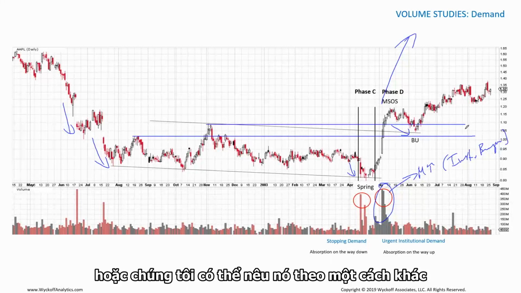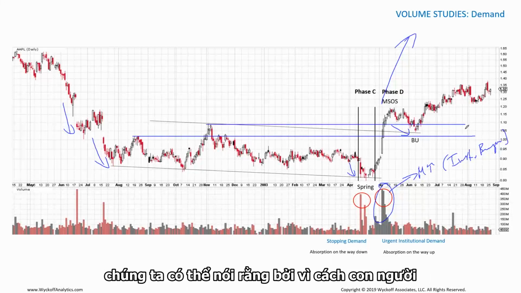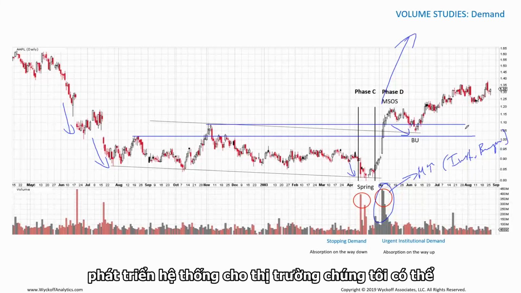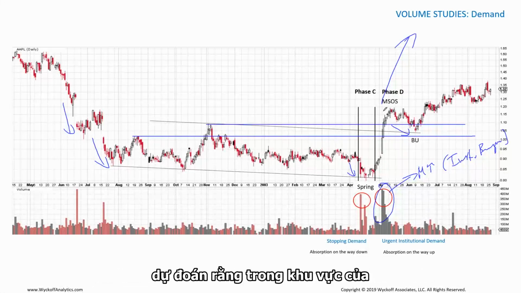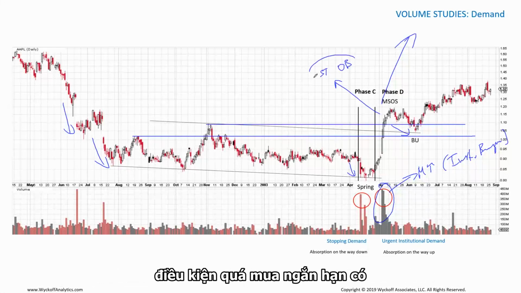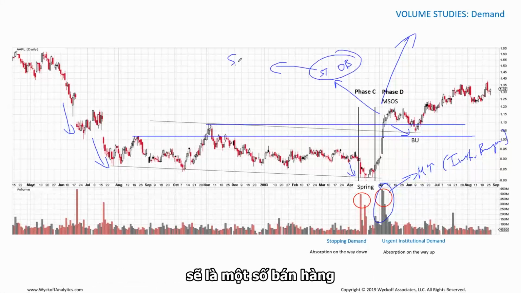Or we could state it in a different way. We could say that because of how humans develop systems for the markets, we could anticipate that in the area of the short-term overbought condition, there's going to be some selling.